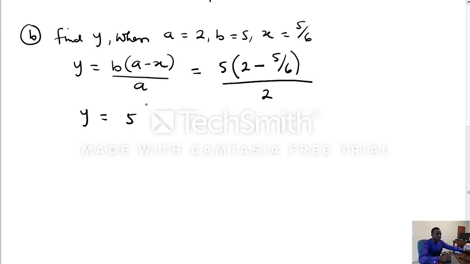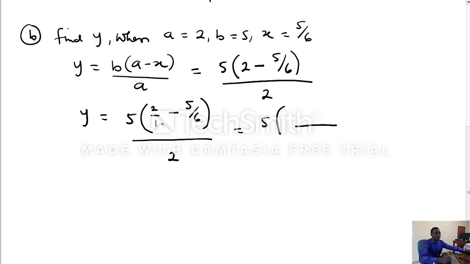so that our y can be said to be 5 into bracket 2/1 minus 5/6, all divided by 2, which is equal to 5 into bracket, we'll look for the LCM of 6 and 1, which is 6.